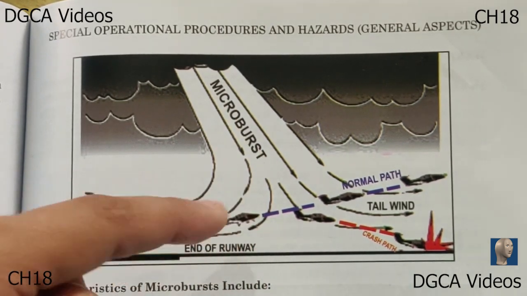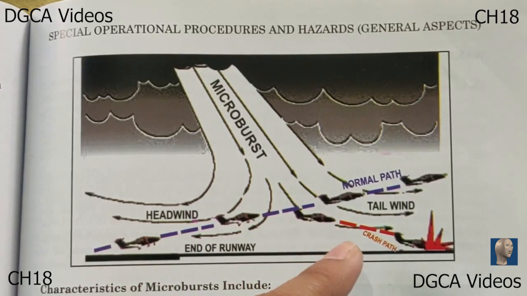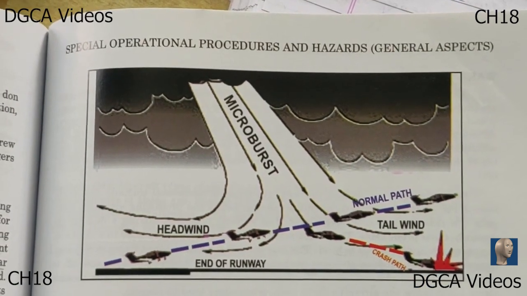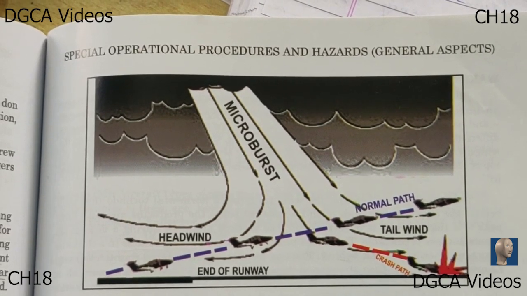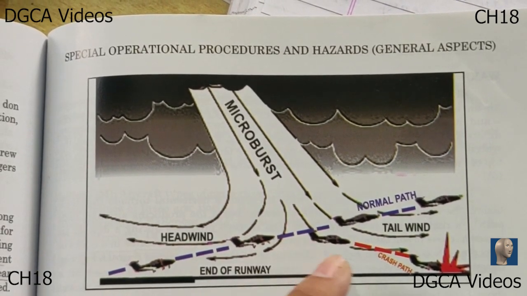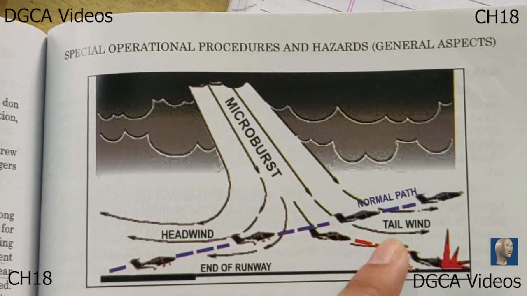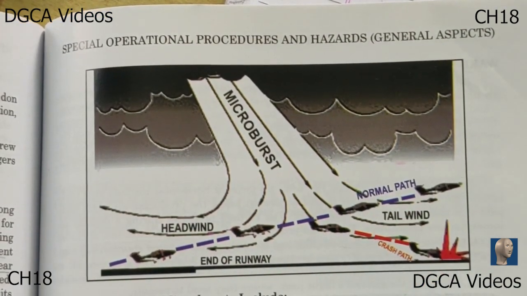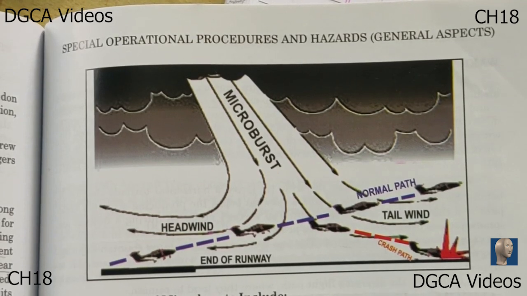So you can go on this path, and even crash on this path. If you are able to keep your flight in the air and not crash, then you will encounter tailwind in this direction, which will again decrease the performance.